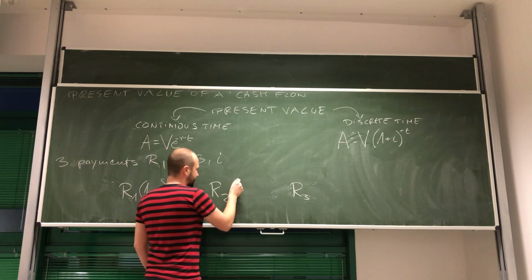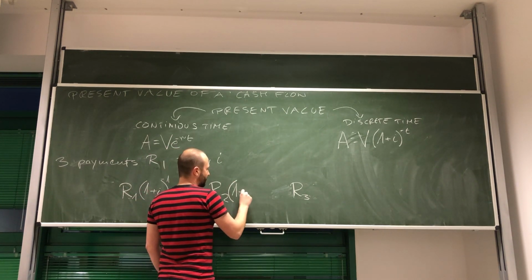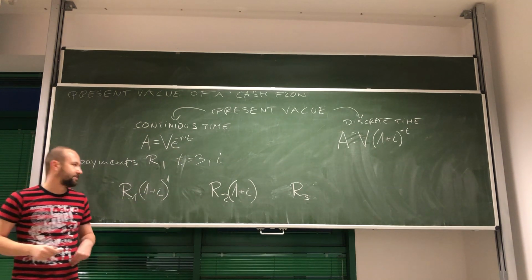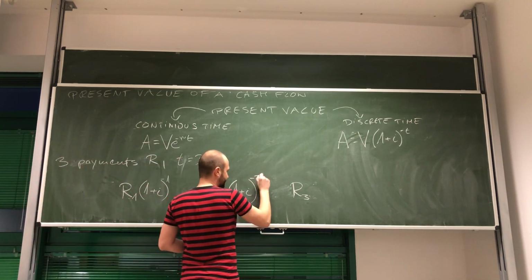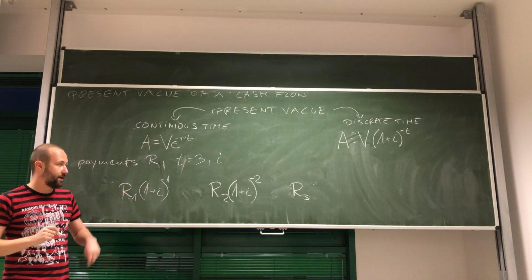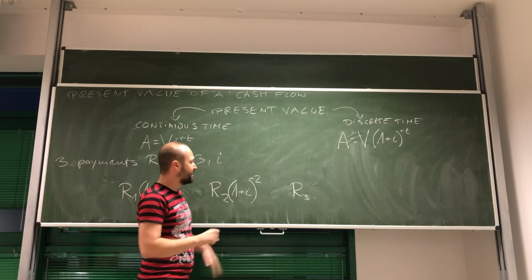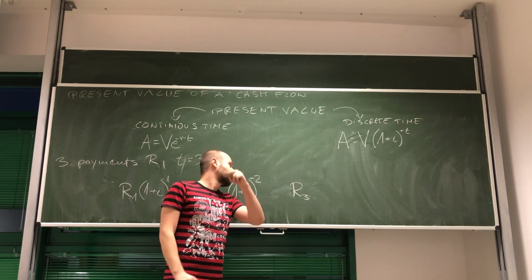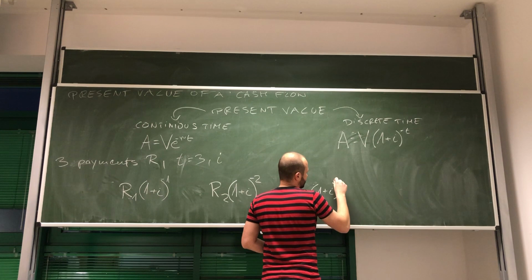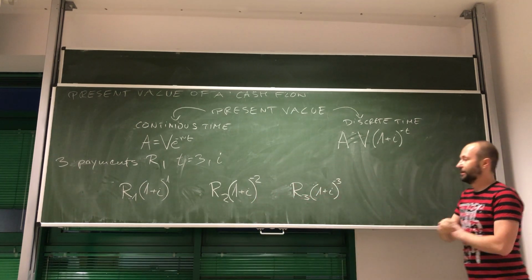I should also discount it, this time by 1 plus i, but because I'm receiving this 2 years from now, here I will have 2 instead of 1. And then the next payment we are receiving 3 years from now, so we will have 3.